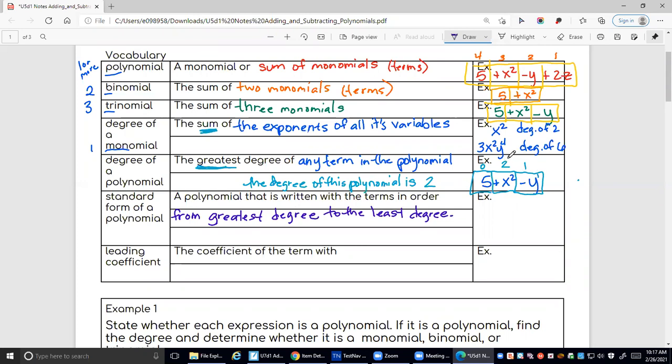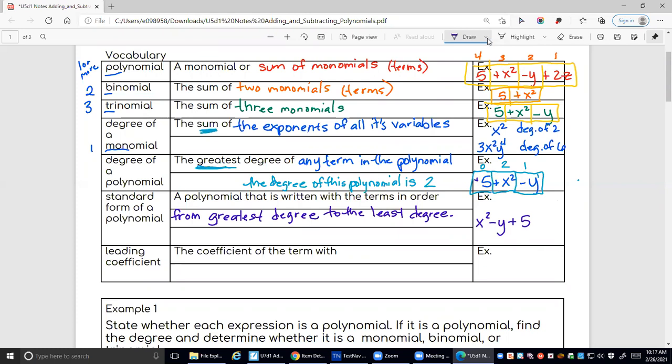So I'm going to take the one with the greatest, the 2, and put that one first, x squared. Then I'm going to take the one with the 1, minus y. If you don't have a sign, you know it's positive, so I'm going to bring the 0, plus 5. This is what it looks like when we write it in standard form.